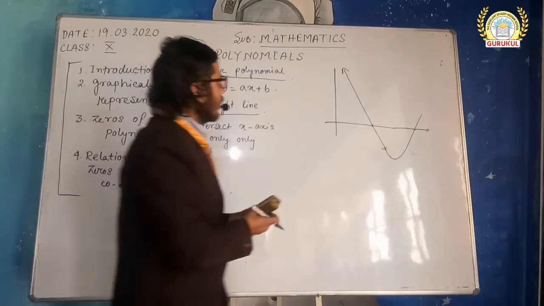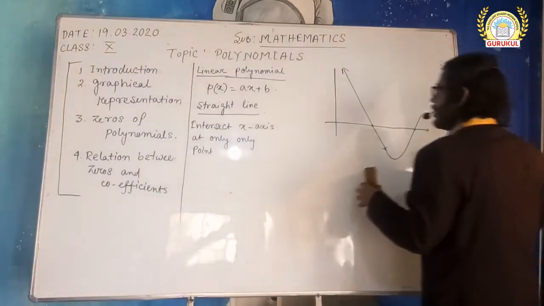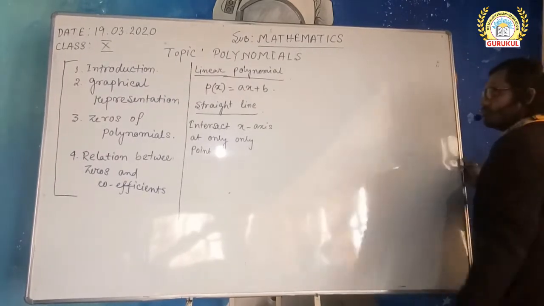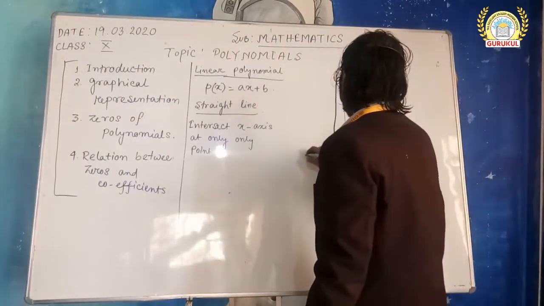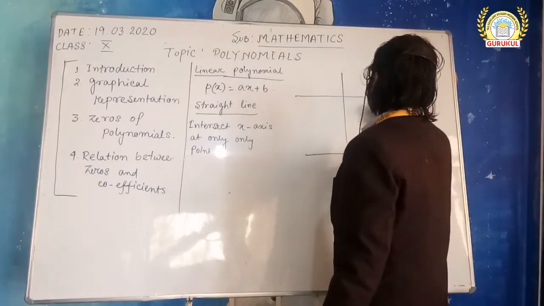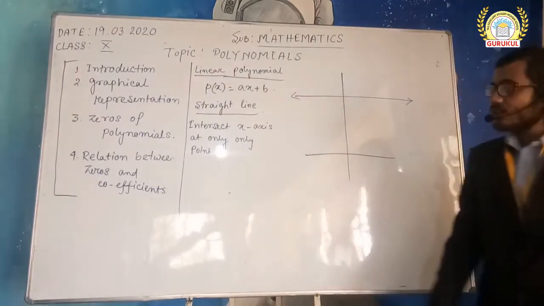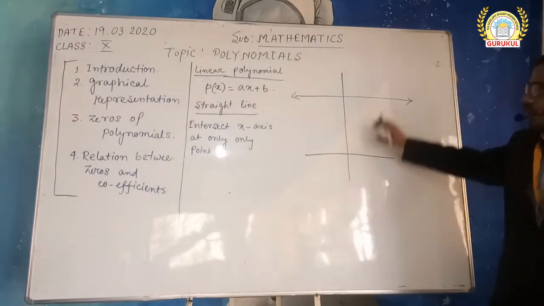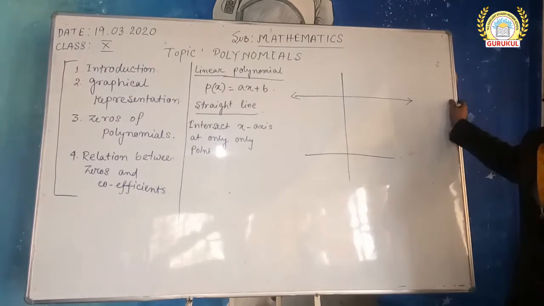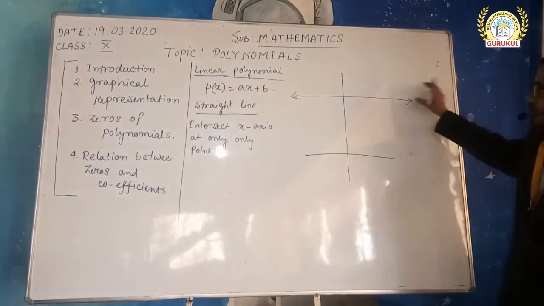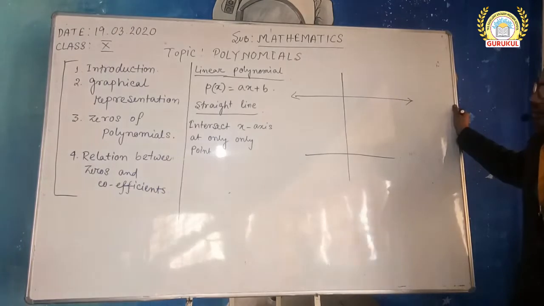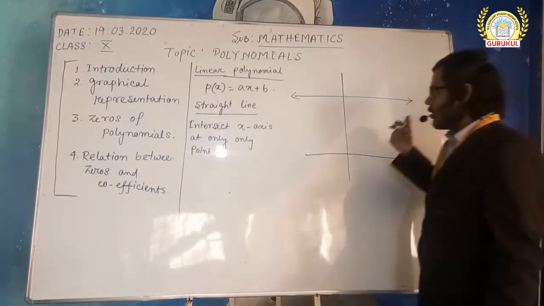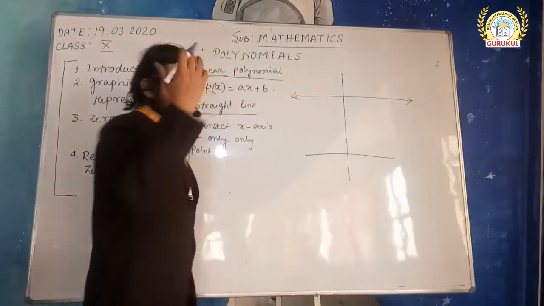Now you may have a question: sir, is it necessary for every straight line to intersect the x-axis? That is also a very interesting point. Sir, if I draw a line like this, then this line is not going to intersect the x-axis. It is a parallel line. In that case, sir, this is also a straight line and a linear polynomial. Then there are so many things maybe going through your mind.